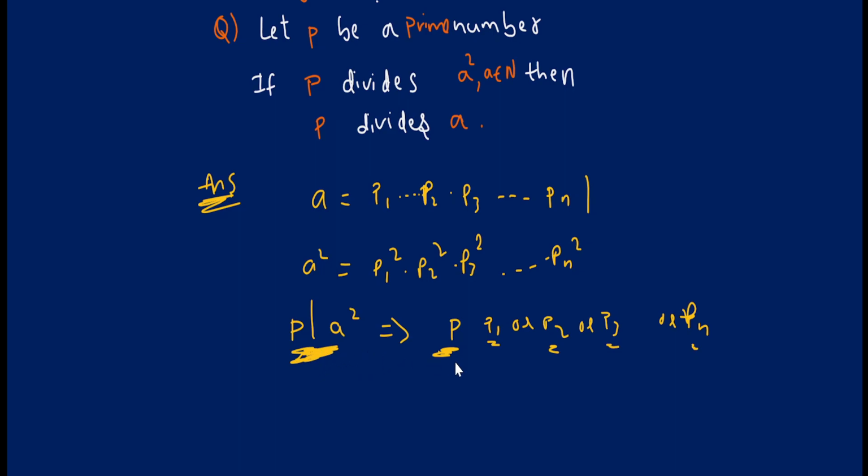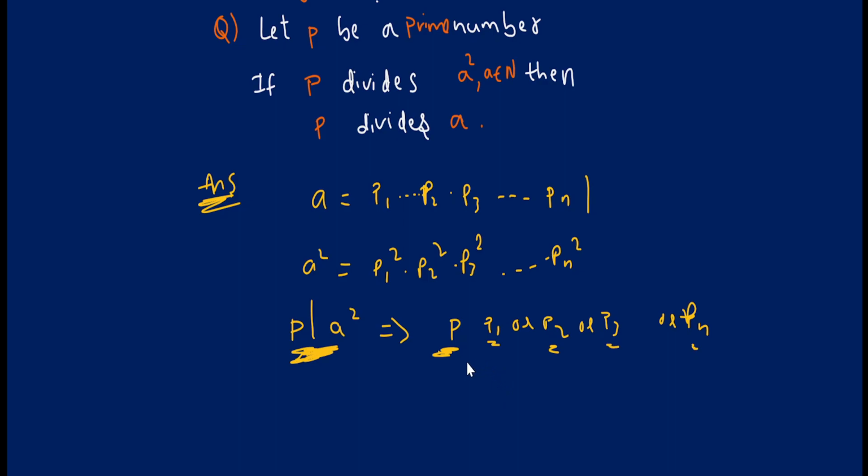Then we should see p in the prime factorization of a square. But if you are not seeing p in the prime factorization of a square, it means that p cannot divide a square. But we know that p is dividing a square, which means p should be one of p1 or p2 or p3 or pn, because p should be present in the prime factorization of a square.